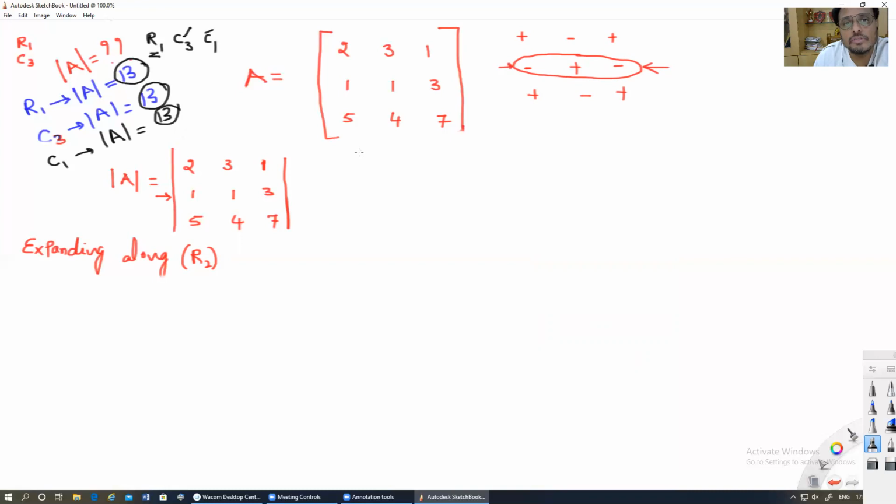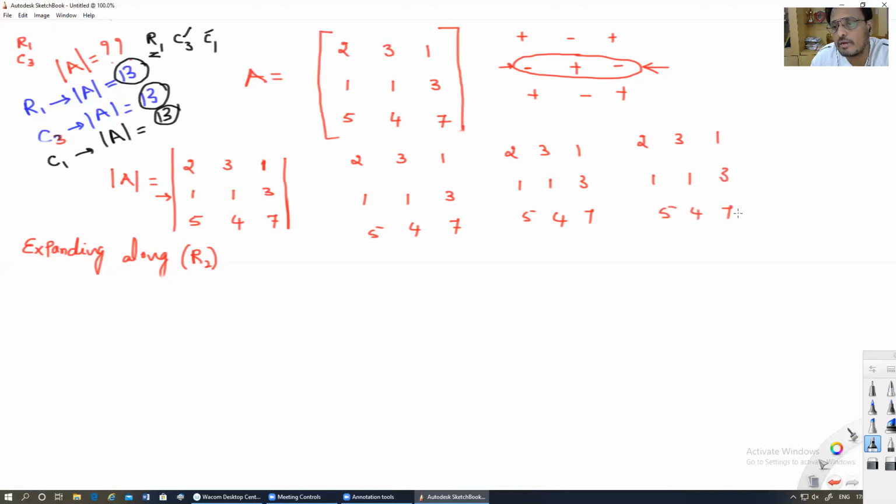To avoid confusion, write down 2, 3, 1, 1, 1, 3, and 5, 4, 7, once again.